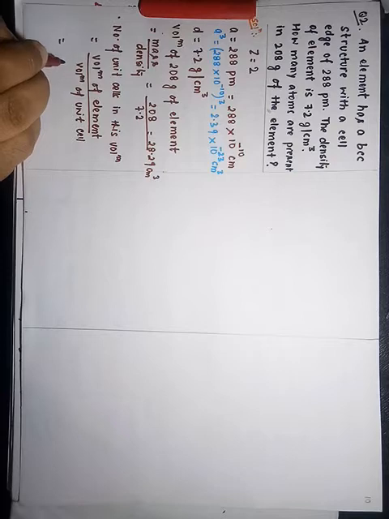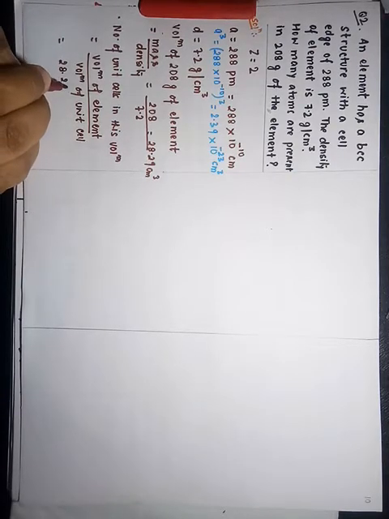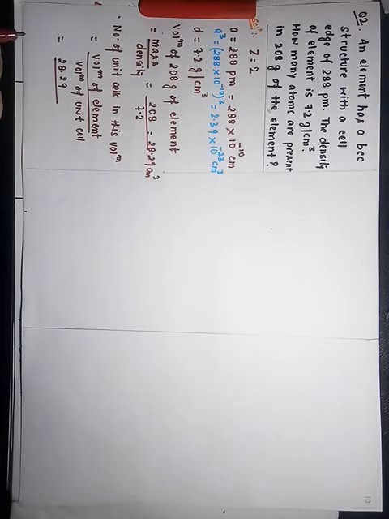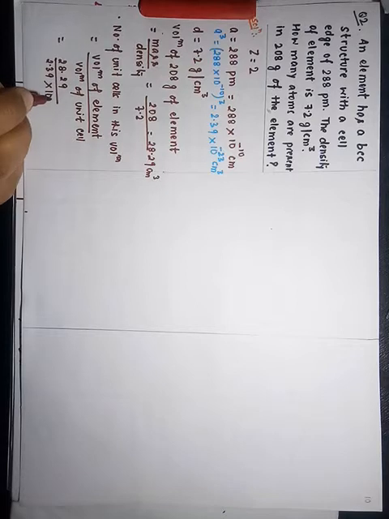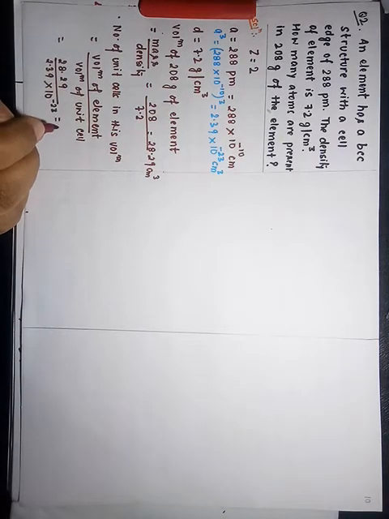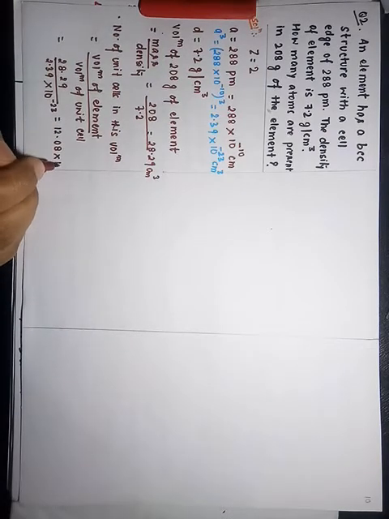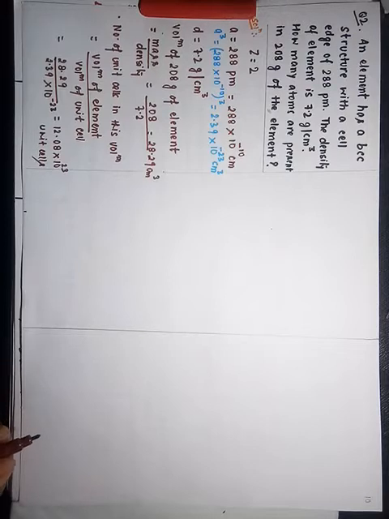Now the volume of element is 28.29, and the volume of unit cell, student, is this much, 2.39 into 10 to the power minus 23. This gives us a value of 12.08 into 10 to the power 23 unit cells. These many unit cells, students.